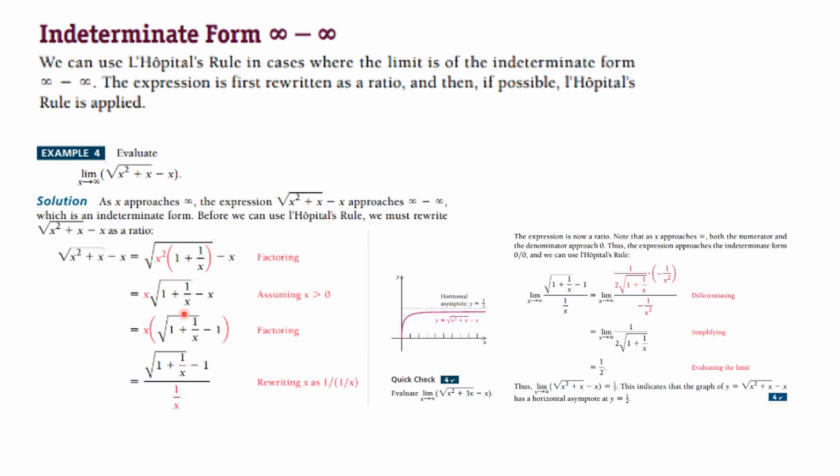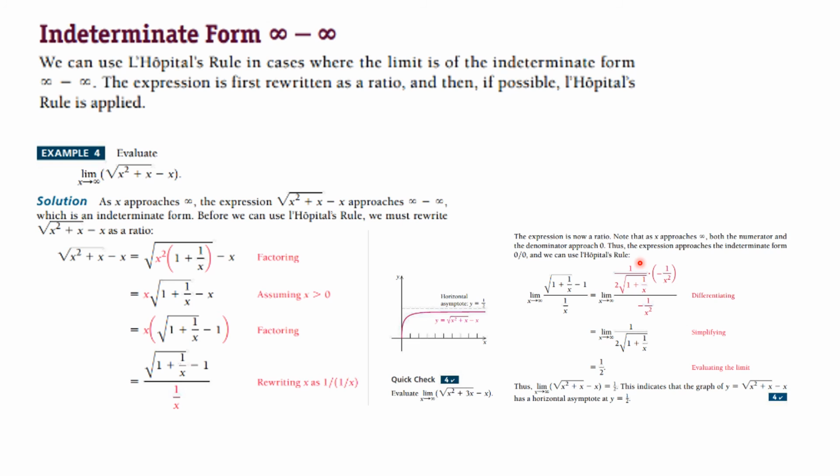Now you see, this is going to be the numerator, but now we're going to write x as 1 over 1 over x. Now we've turned the expression into a ratio, as we suggested we would do up here.